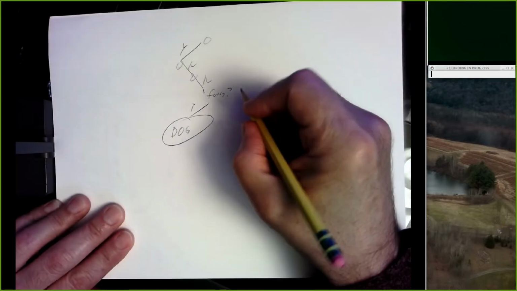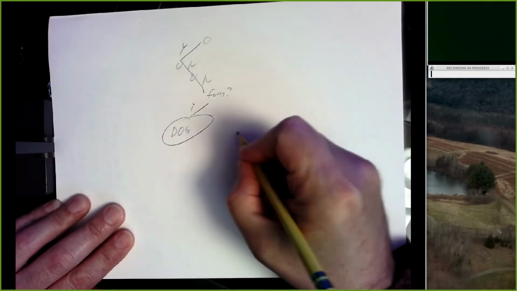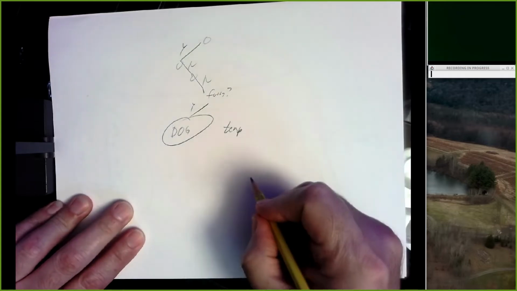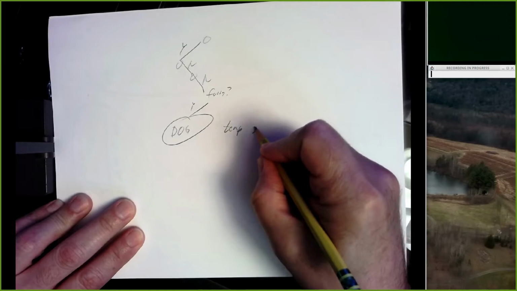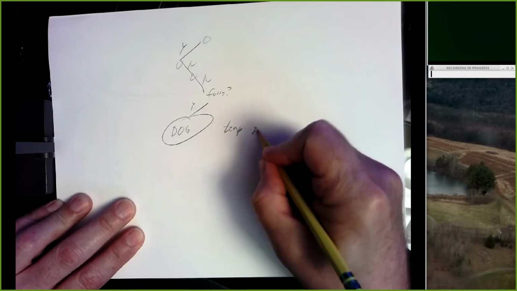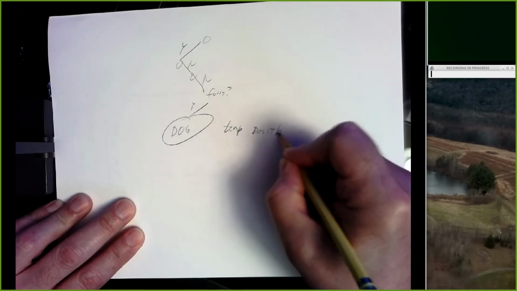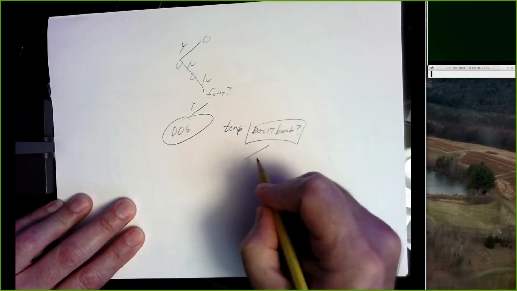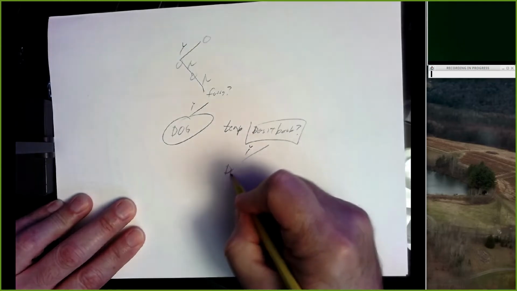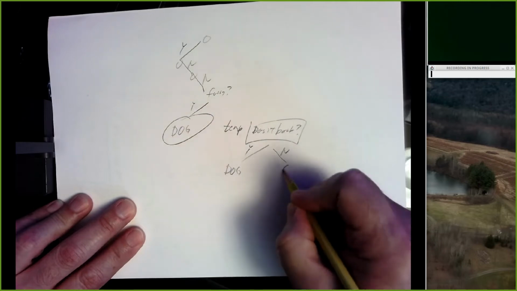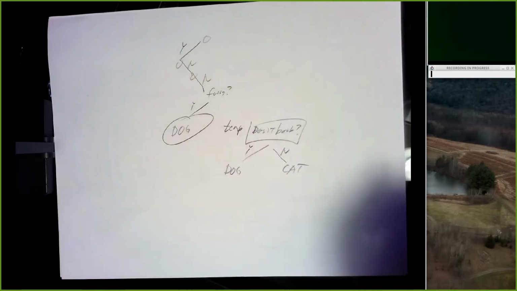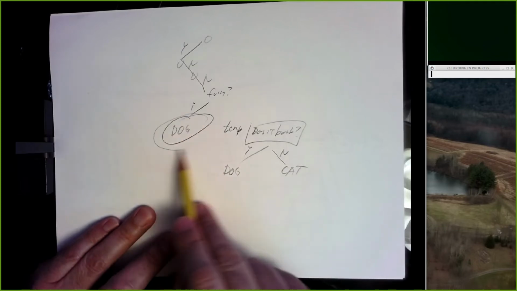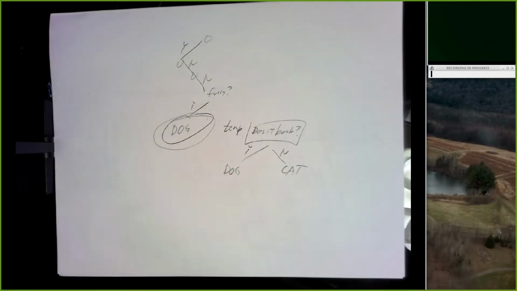Okay, so I think you said you called this temp, right? And so you change temp to be, does it bark? And if yes, then it's a dog, and if no, then it's a cat. And so I think the question is, how do you change this node to be temp, right?